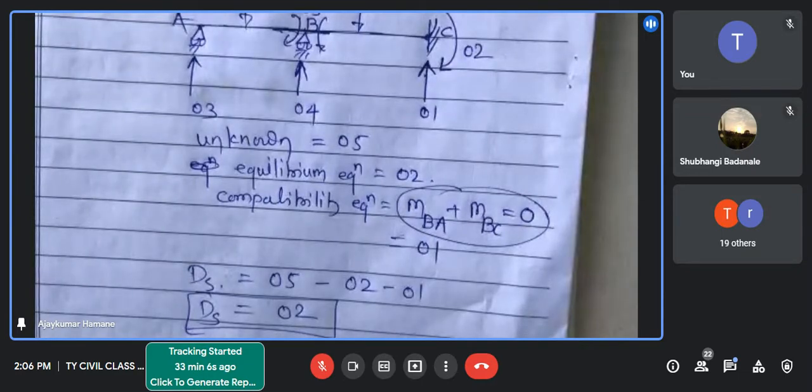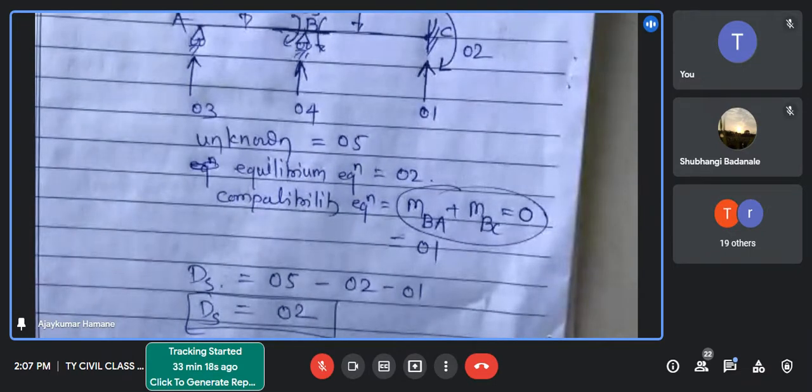We have to calculate how many reactions we have to find out. Suppose you want to purchase a bat. The bat price is 200 rupees, and we have to check how much money we have, then how much we should bring from others.